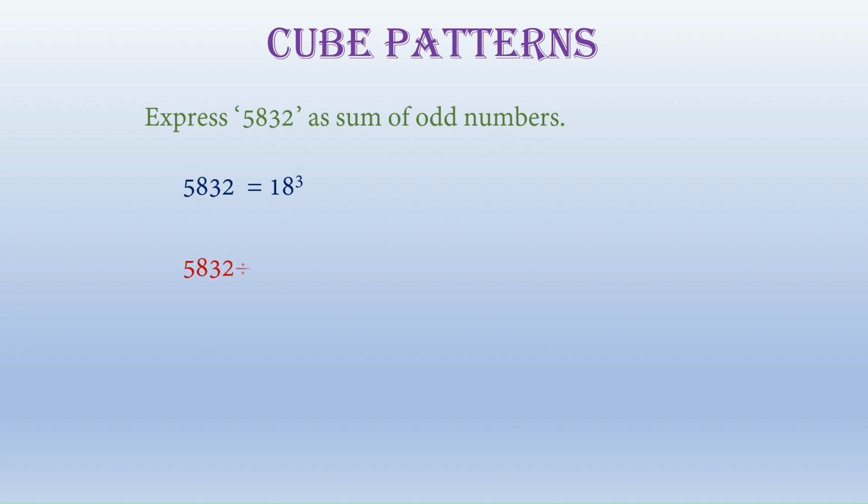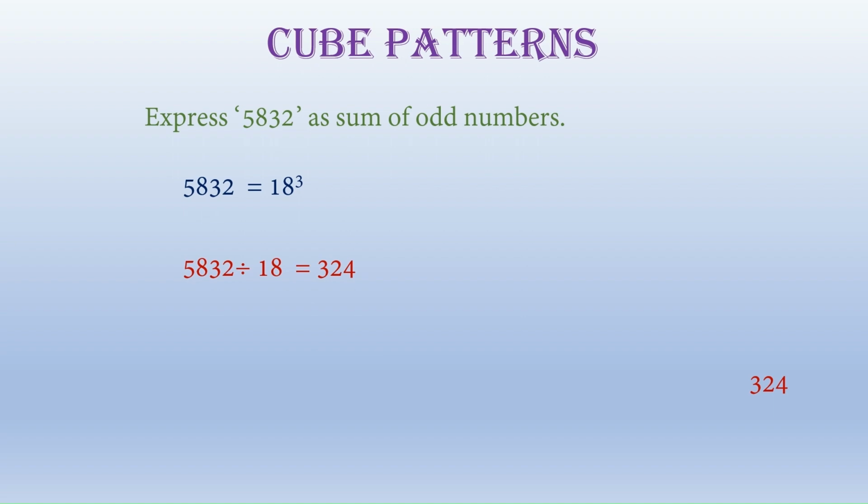Means we have to divide with 18. That gives 324. Now 324 is not an odd number, but how to identify the numbers here? 18 cube requires 18 odd numbers. 18 divided by 2 is 9. So we'll take this 324 and write the consecutive odd numbers on left and right of this number.